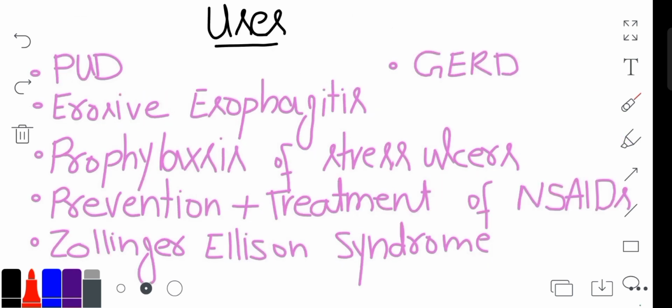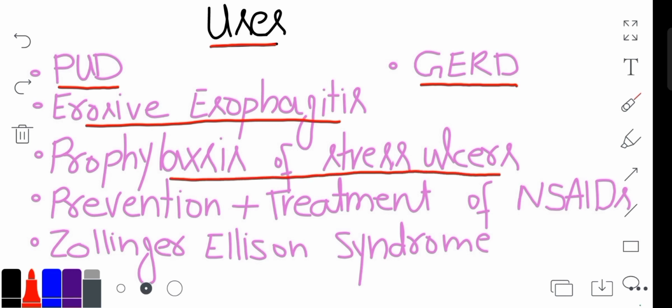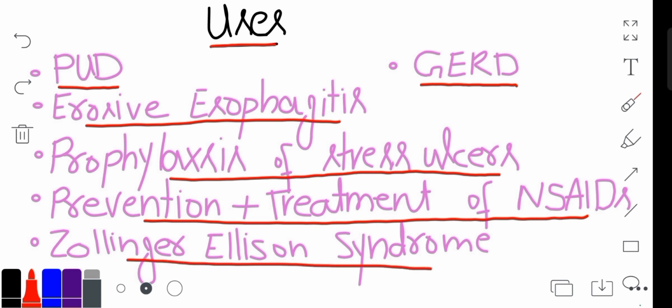Uses of proton pump inhibitors other than peptic ulcer disease include gastroesophageal reflux disease, erosive esophagitis, prophylaxis of stress ulcer, and prevention and treatment of non-steroidal anti-inflammatory drug ulcers. They can also be used in Zollinger-Ellison syndrome, a condition in which gastrin is stimulated inappropriately, which further stimulates the parietal cell to release hydrochloric acid.